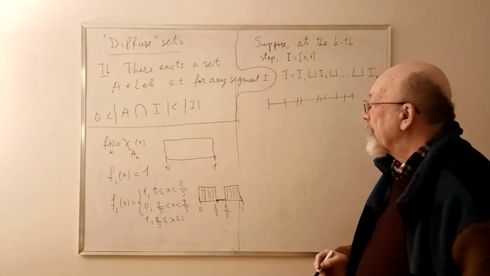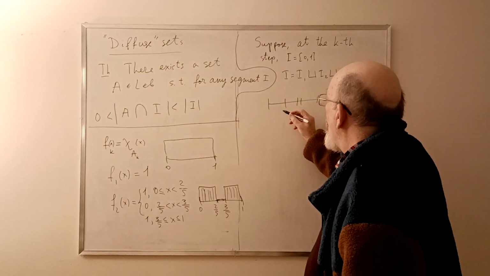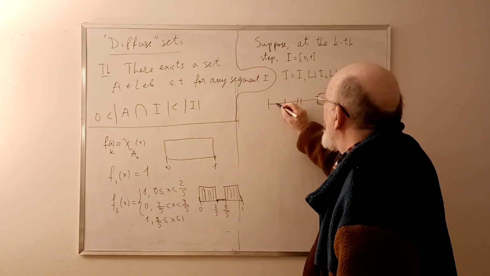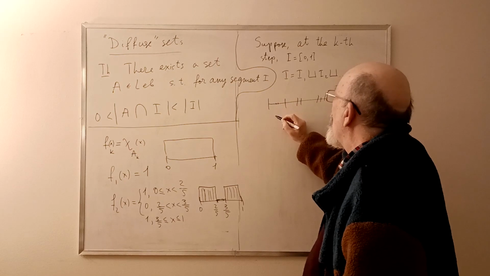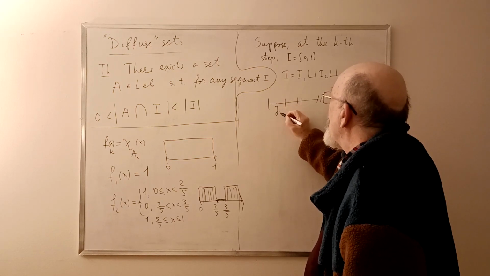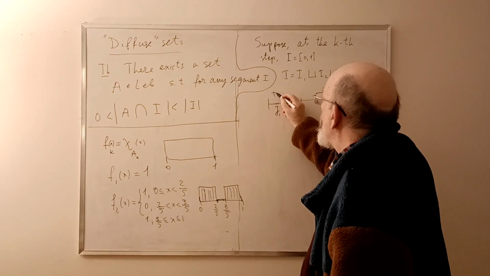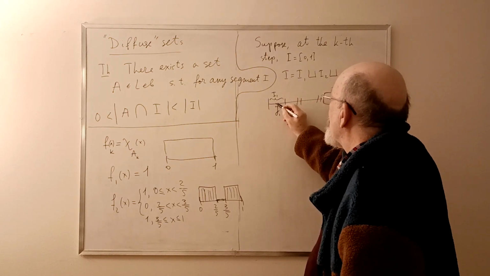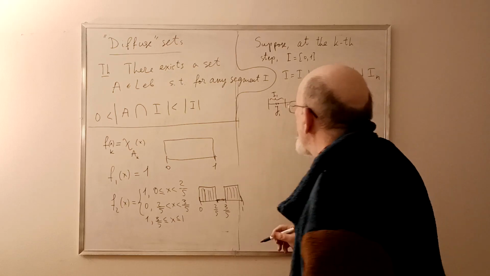Now we do the following. We take I1 and take in the middle of I1 the segment J1. So this is I1, and this is the small segment J1.